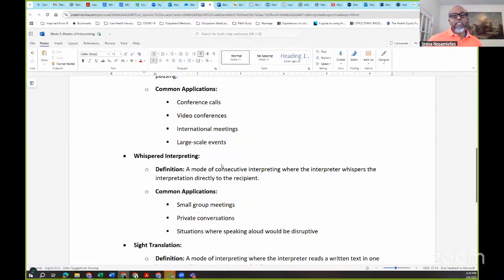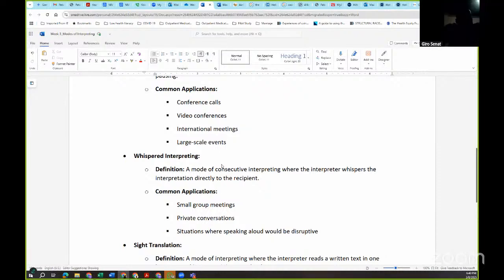So in that case, you can't really use video equipment. What you do is sit a bit behind the Haitian Creole speaking person, and you'll be whispering into their ear, not too loud to disturb the people who don't need to hear it.